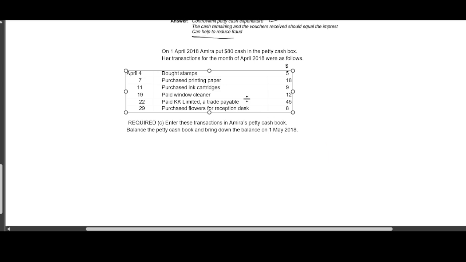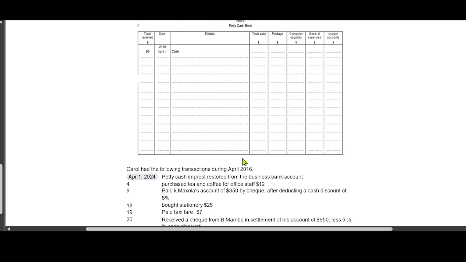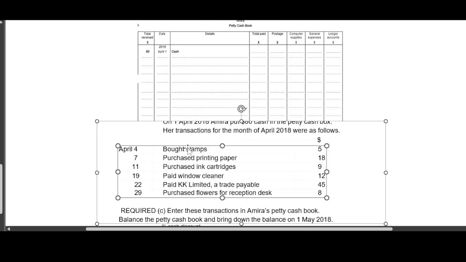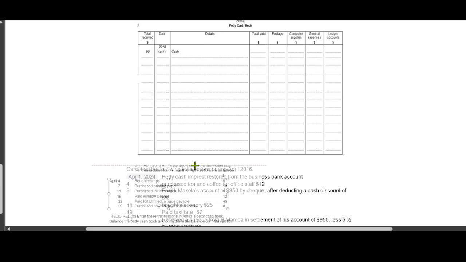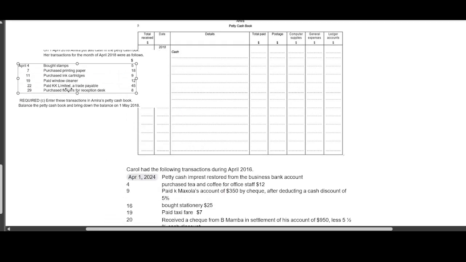In this you have 80 cash in the petty cash book, the amount they already gave. Then they gave certain expenses. So what are the expenses? I just copied them here, and then you just need to put in all the expenses.